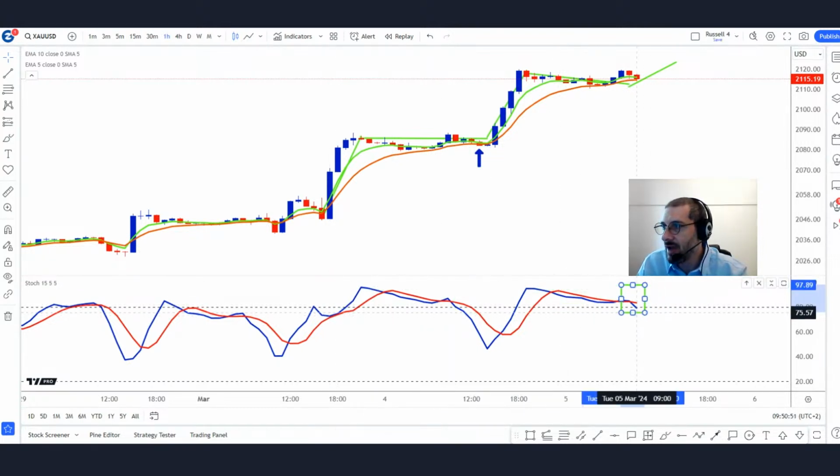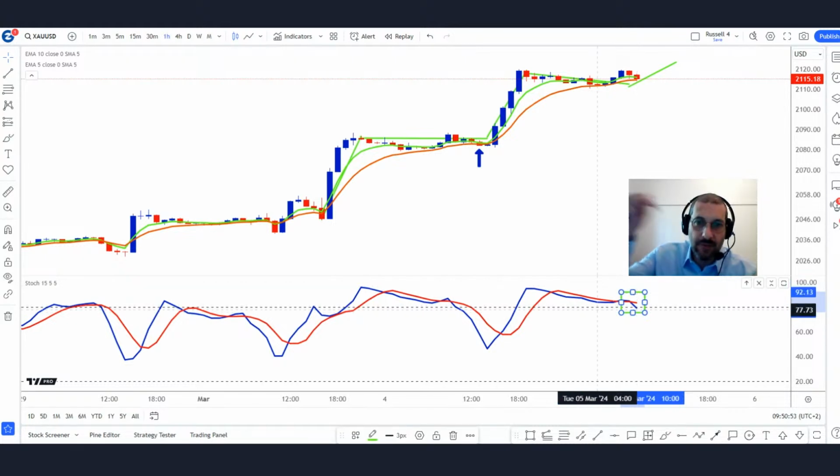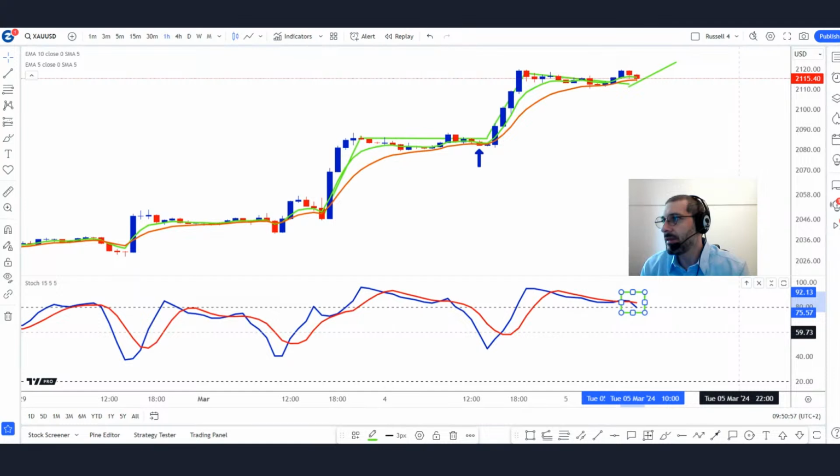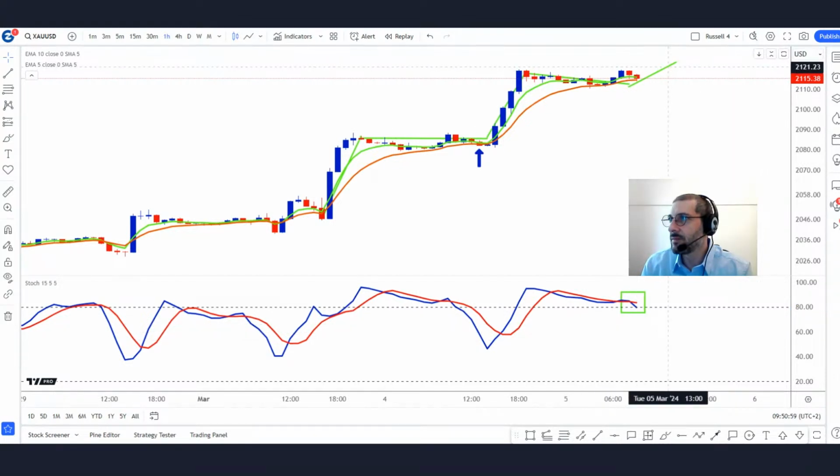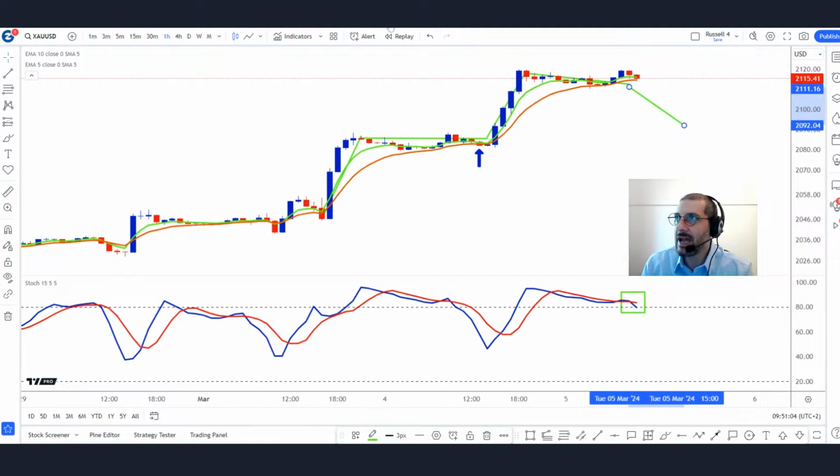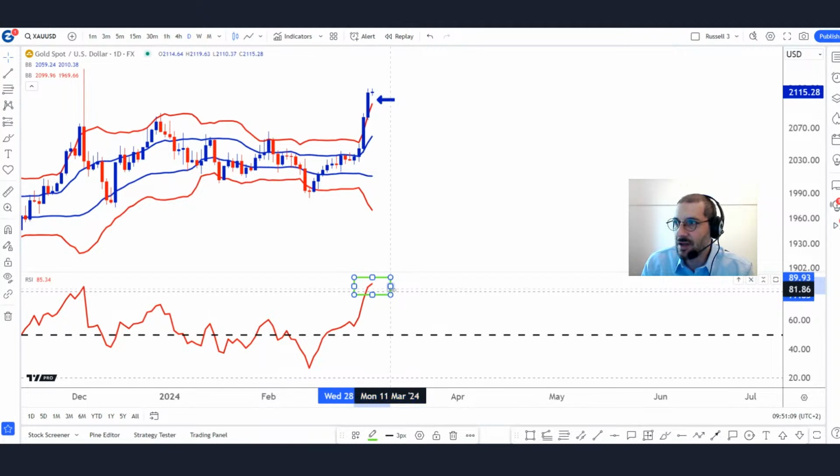So just keep an eye on that 80. Do we dip below the 80 level? If we dip below the 80 level, then the price may pull back, and that wouldn't be too surprising given the fact that we've got this overbought condition on the daily.